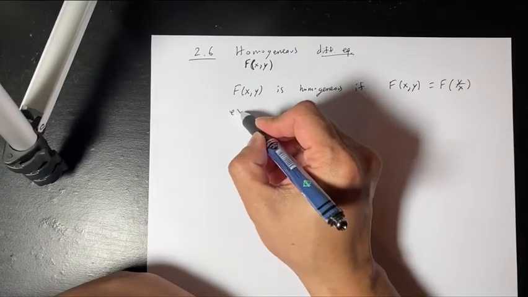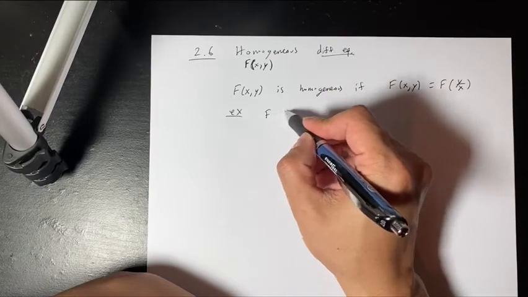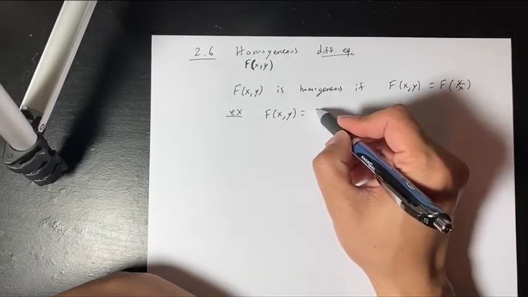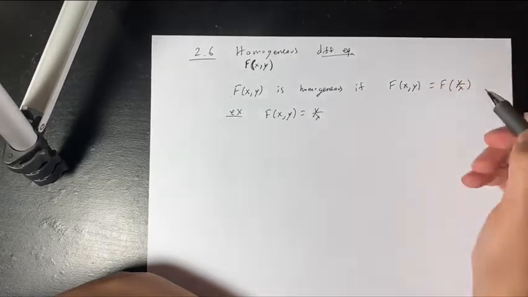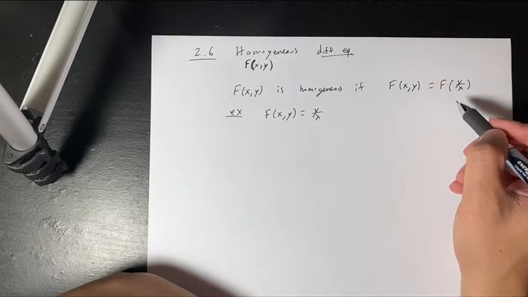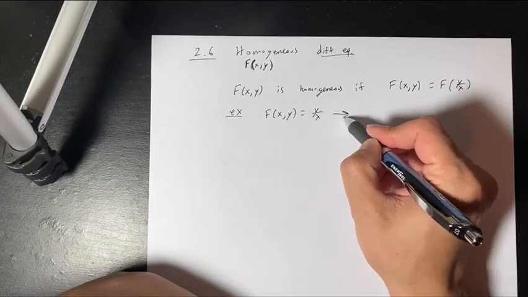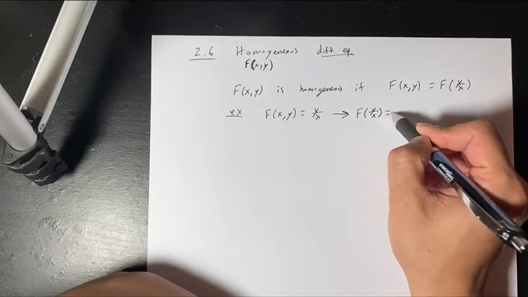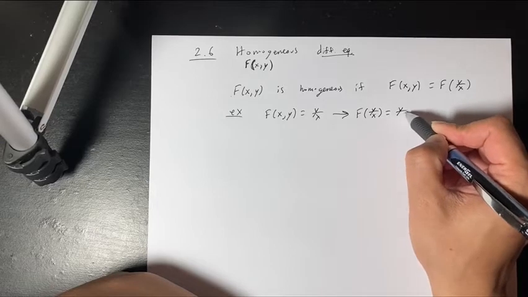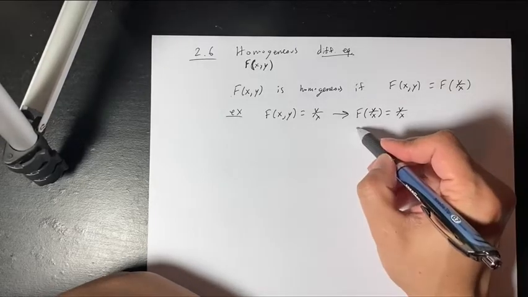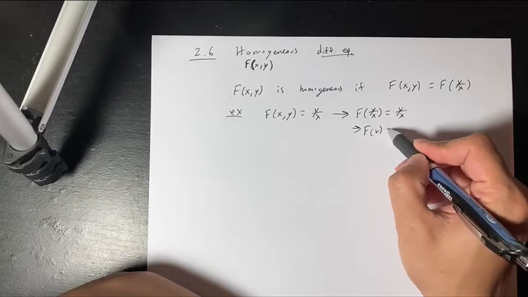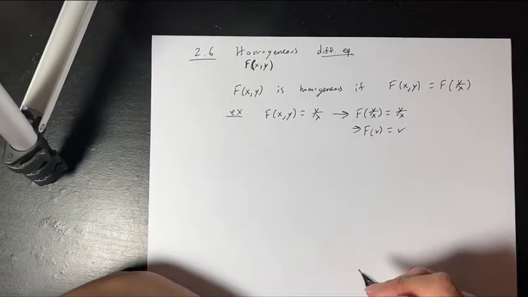So for example, here's a function in terms of y and x, which is simply y over x. But I can also view it as a single variable, so then if I call that y over x as v, this is simply v.